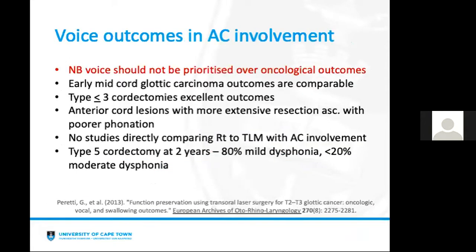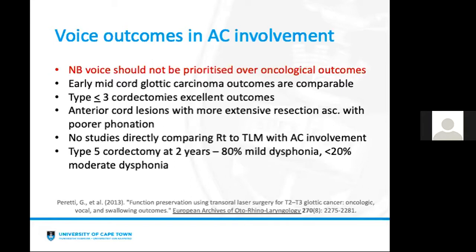Broadly speaking, in terms of voice outcomes in early glottic carcinoma with anterior commissure involvement, it must be emphasized that despite voice being an important aspect, it should obviously not be prioritized above oncological outcomes. Multiple meta-analyses and systematic reviews have been done to directly compare outcomes between radiotherapy and laser in early glottic carcinoma, with most studies supporting that for small mid-chord lesions requiring a type 3 chordectomy or less, long-term measures of voice are comparable, definitely by 1 to 2 years.